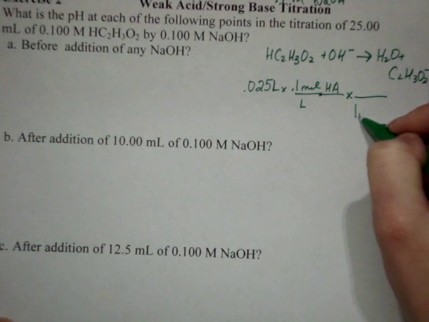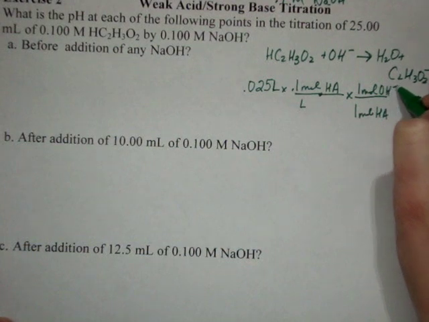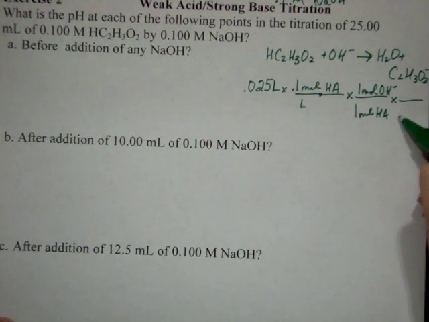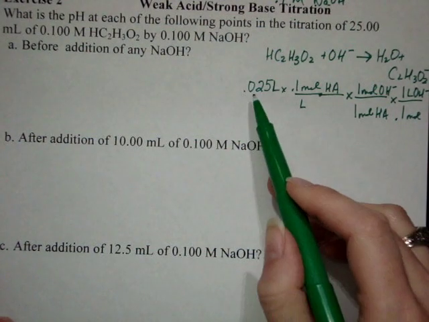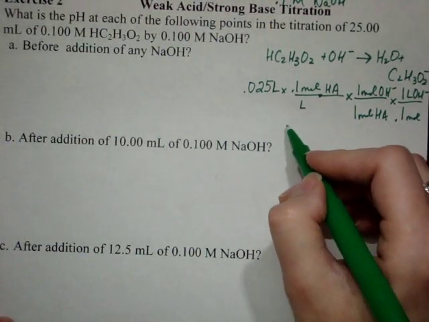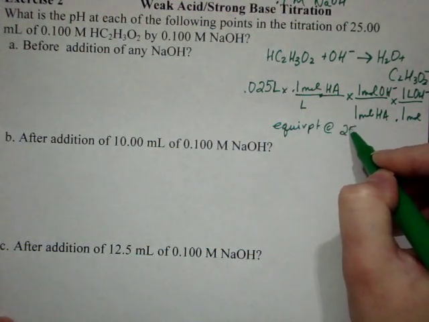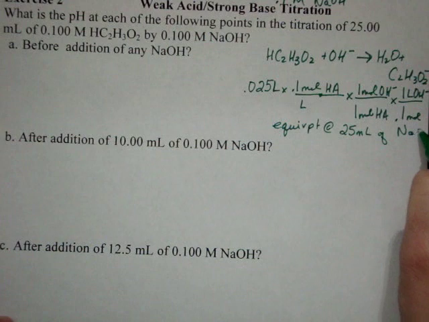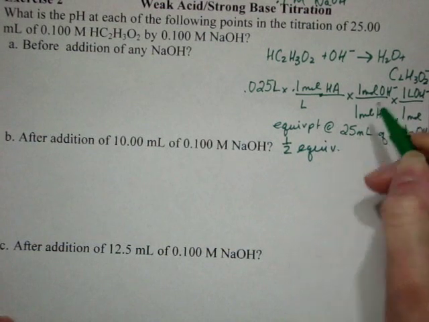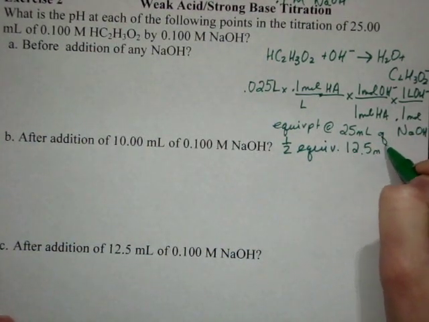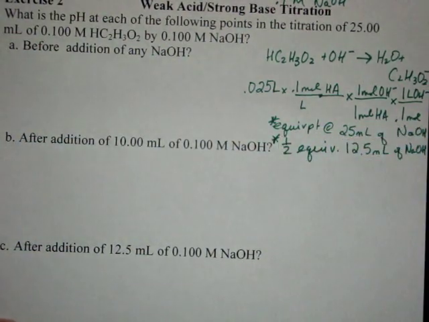And then I know that 1 mole of the acid will react with 1 mole of the hydroxide, which is also 0.1 molar. Okay, so when I do all this calculation, I see that my equivalence point is going to be at 25 milliliters of NaOH, which means that halfway to my equivalence point is going to be at 12.5 milliliters of NaOH. So these are good bits of information just to have before you even start.